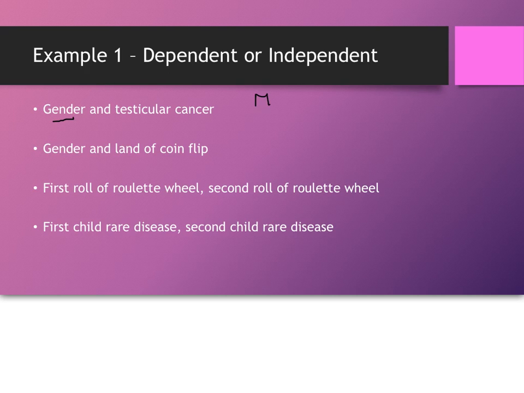If they're male, the chance that they have it is going to be one number. I don't know, let's say 2%. If you're female, the chance you have testicular cancer is about 0%, right? So the probability that you have testicular cancer given that you're a male is different than if you're a female.